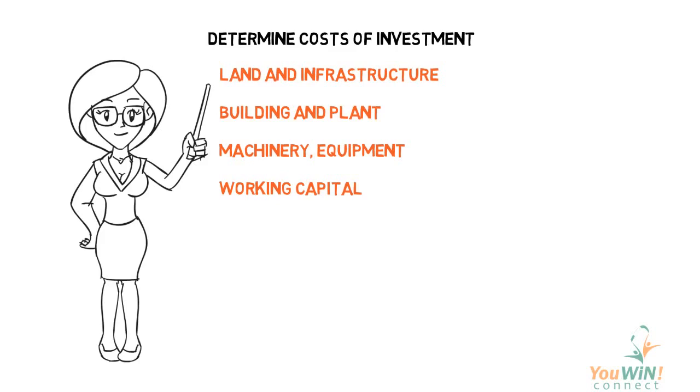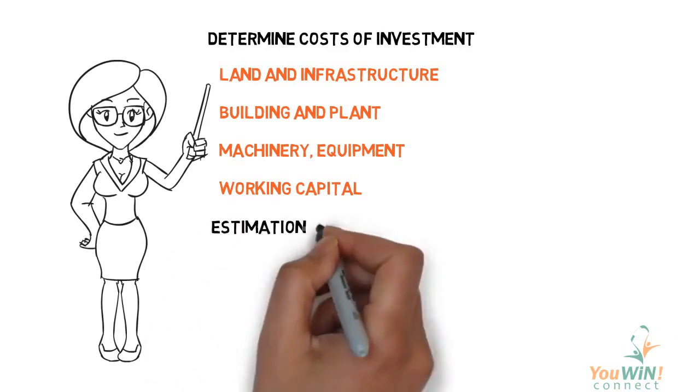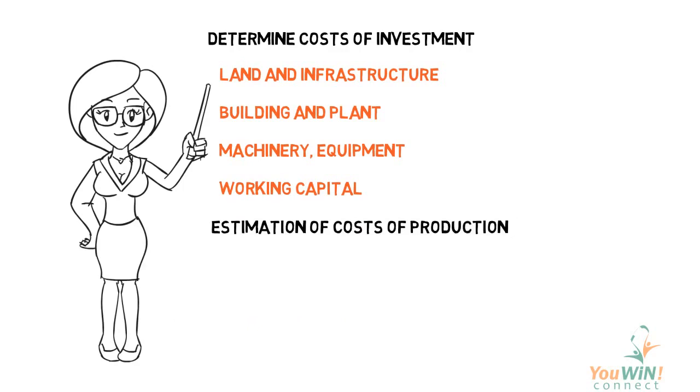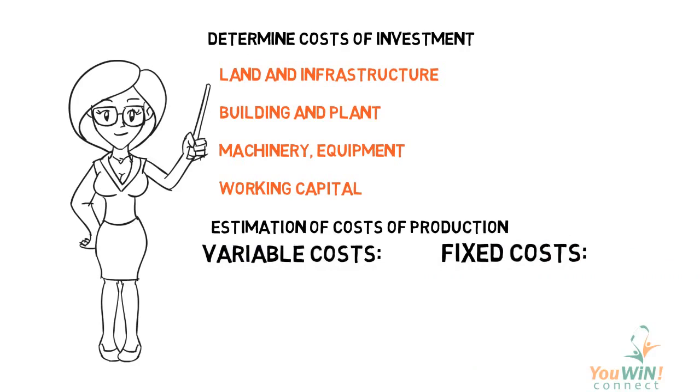Office and factory, what's the design? What are the construction expenses, working capital, required stock levels of raw materials, work in progress, finished goods, and all of this? The cost of all of this goes into what we would make provision for in the financial plan. In terms of production costs, we can look at production costs plainly from two main directions. The structure of production costs are either fixed or they're variable.